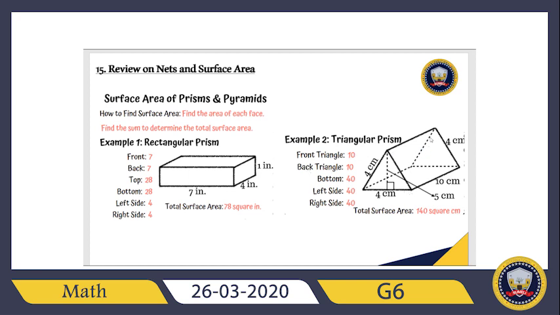The back triangle, which is from behind here, has the same area as the front, so it is 10 also. Now the bottom is what? It is a rectangle. This is its length, 10 centimeters, and its width is 4. So the area of the bottom surface is 4 times 10, which is 40 centimeters squared.